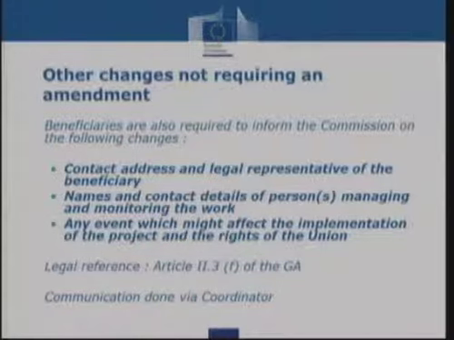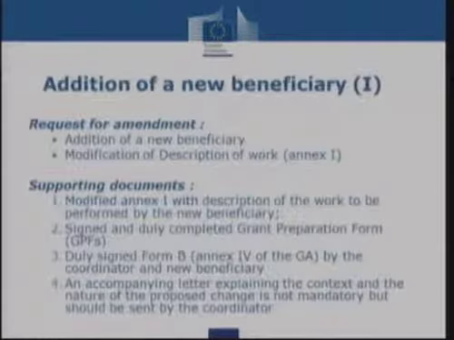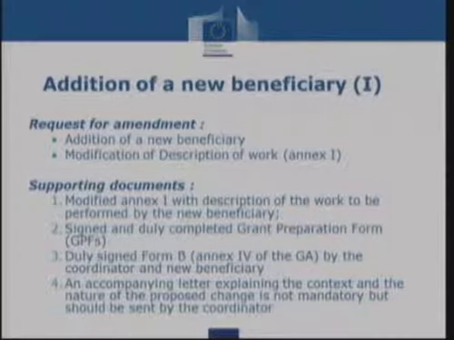In all cases, because the coordinator has many responsibilities within the consortium, and there are many more data relating to him in the core grant agreement than to other beneficiaries, the request must contain modification of bank details for the new coordinator, communication of the new contact address that is in the core grant agreement, and of course modification of Annex 1.